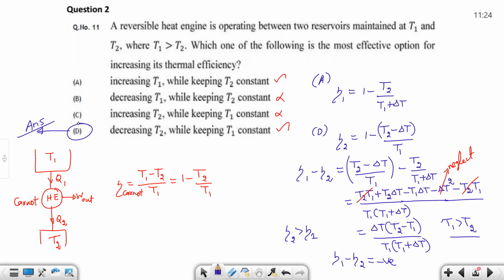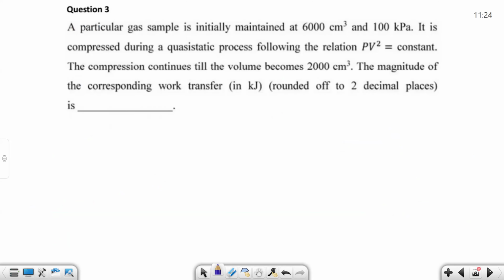Now we move to the next question. A particular gas sample is initially maintained at initial volume 600 centimeter cube.